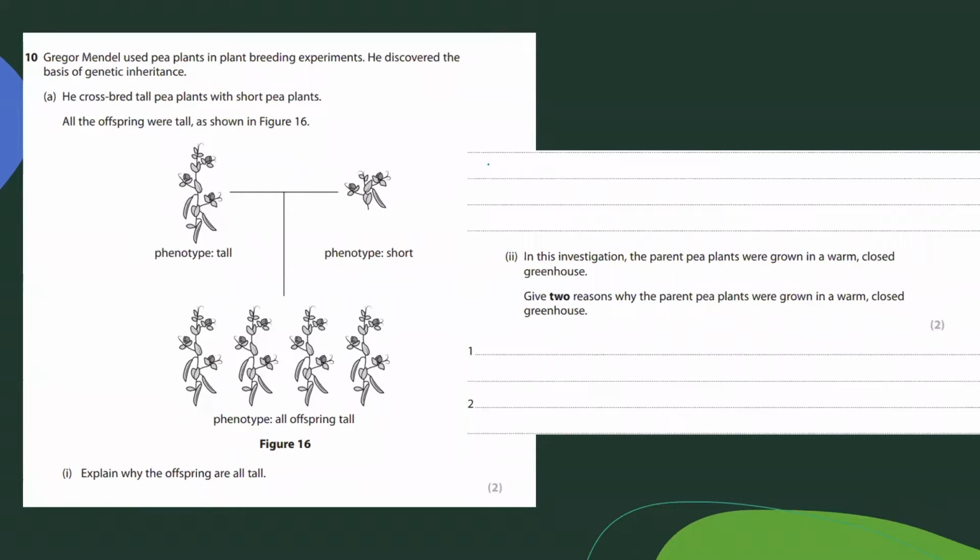So the tall genotype, so that gene must be dominant, whilst the short must be recessive.